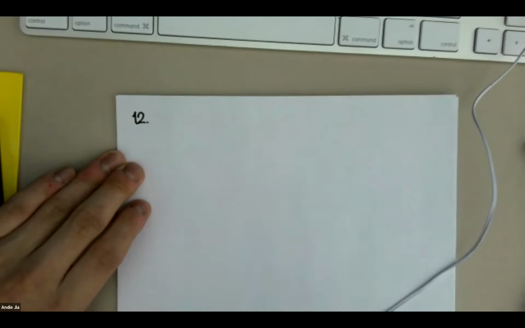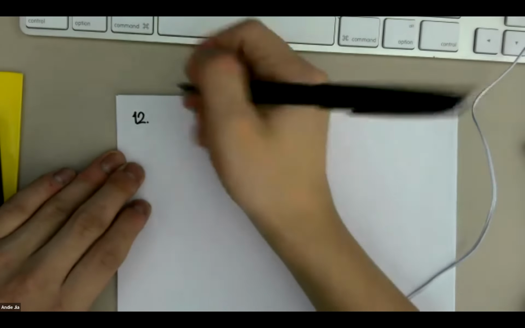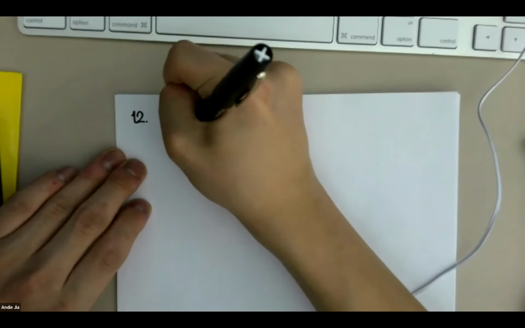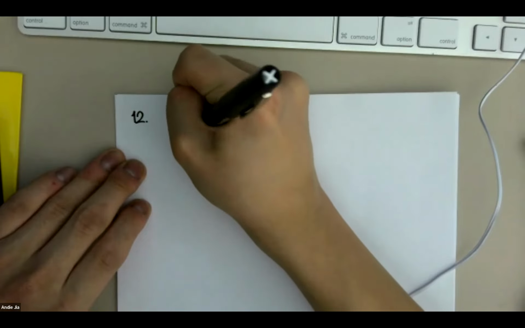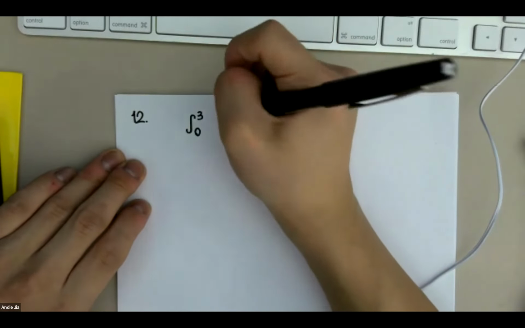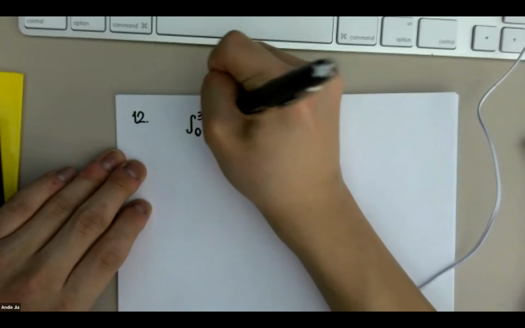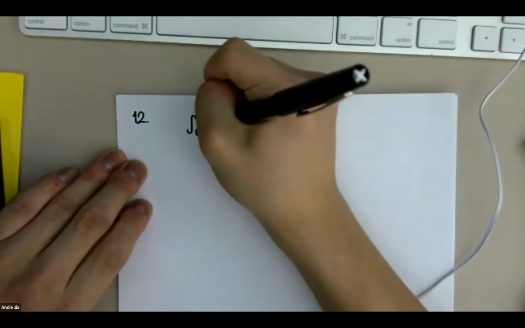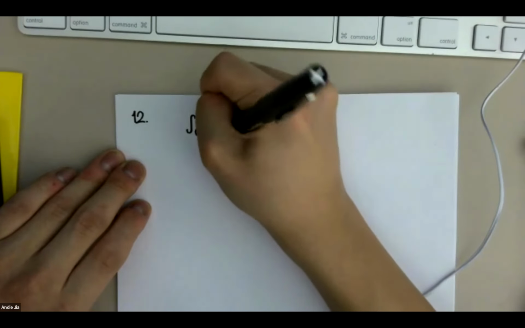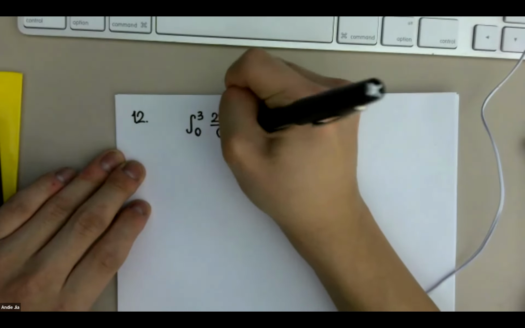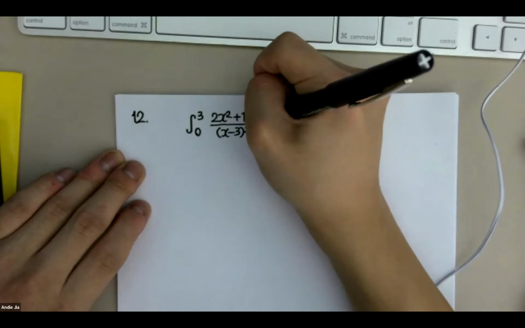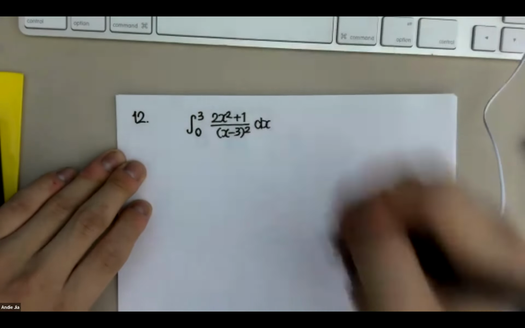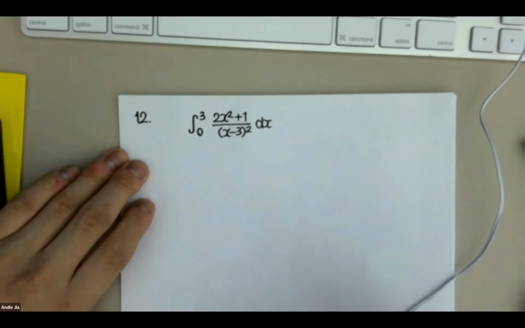So this question is the integral from 0 to 3 of 2x squared plus 1 over (x minus 3) squared, dx.